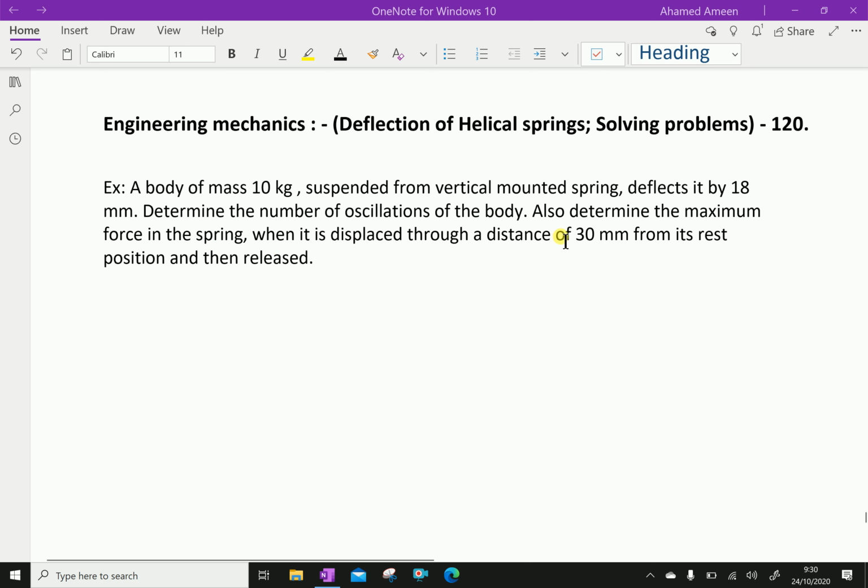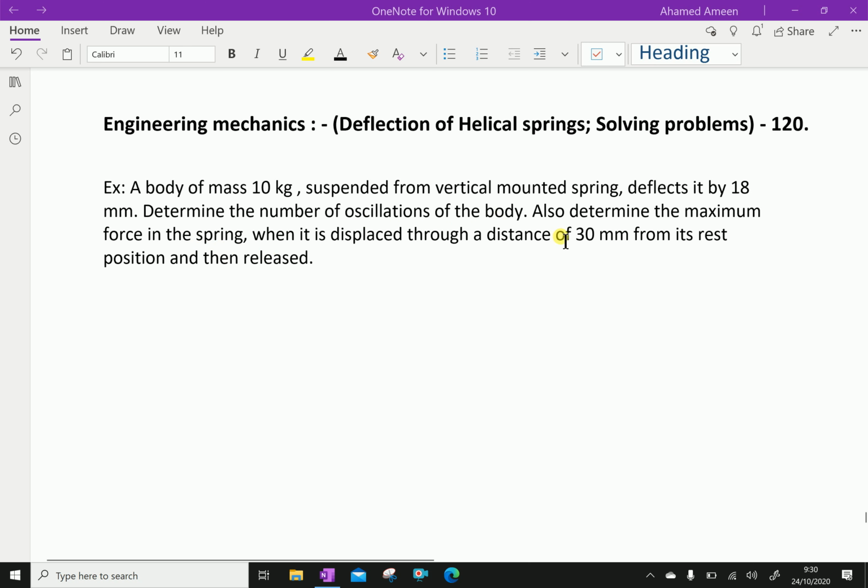Next, here n equal number of oscillations. n equal 1 over 2 pi square root of g over delta.